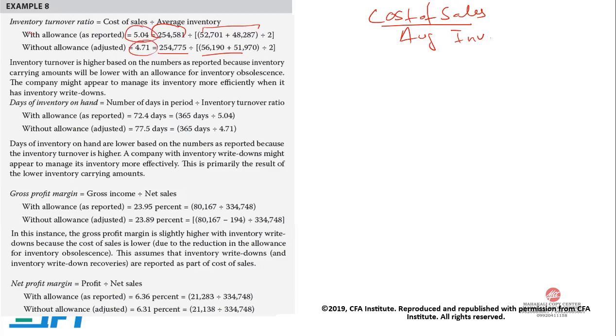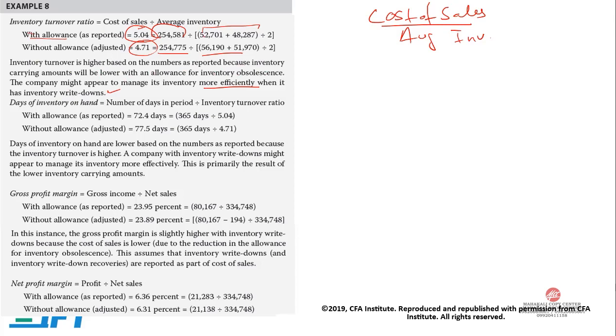From turnover ratios we see that with allowance actually gives us a higher ratio, and it might show that the company appears to be managing its inventory more efficiently when it has inventory write-downs. Now inventory write-down is higher based on the numbers as reported, because inventory carrying amount will be lower with an allowance for inventory obsolescence.